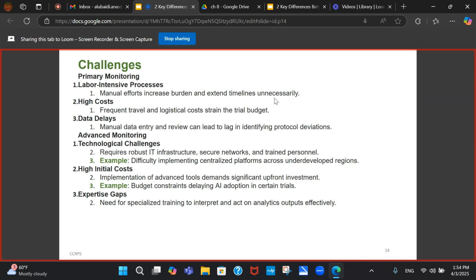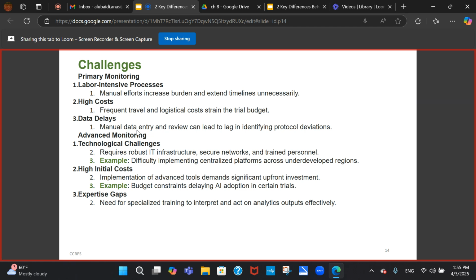High costs, of course. You have travel, transportation, maybe hotel stays, maybe motel stays, and so frequent travel and logistical costs strain the trial budget. Data delays: manual data entry and review can lead to lag in identifying protocol deviations. Why? Because the data here is being handled manually.